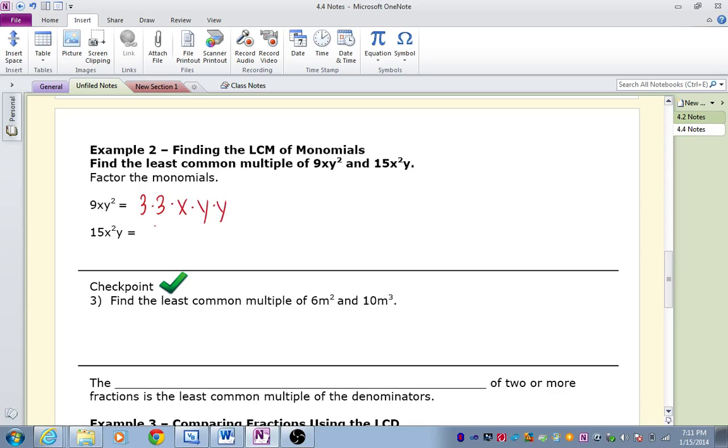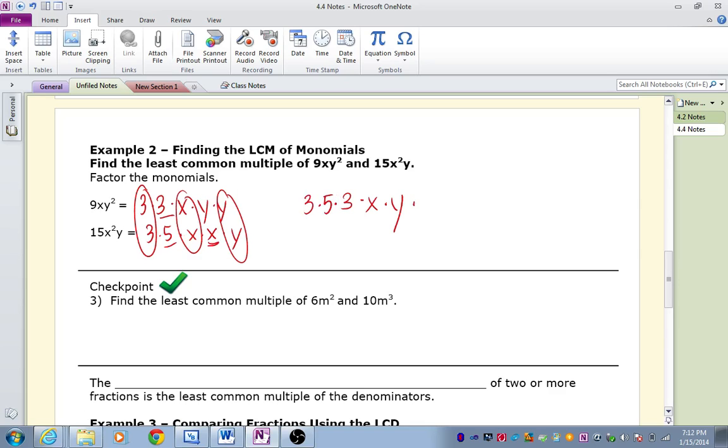For 15, that would be 3 times 5. I have 2 x's, so times x times x, and then times y. Let's find common factors. I have a 3, I have a common x, and I have a common y. But I have to make sure I put in my extra numbers as well. So I have a 3 and a 5, and I'm just going to write those over here with the other number.